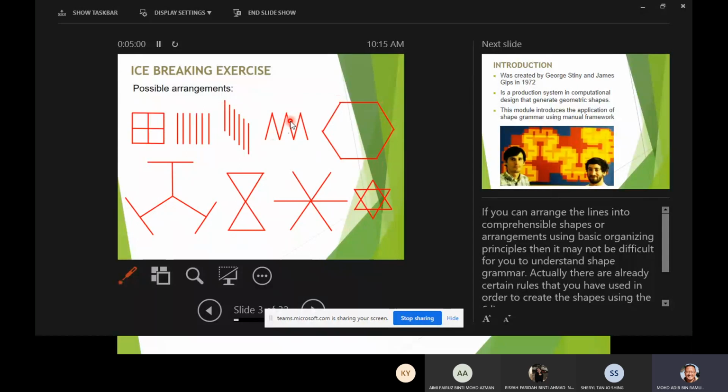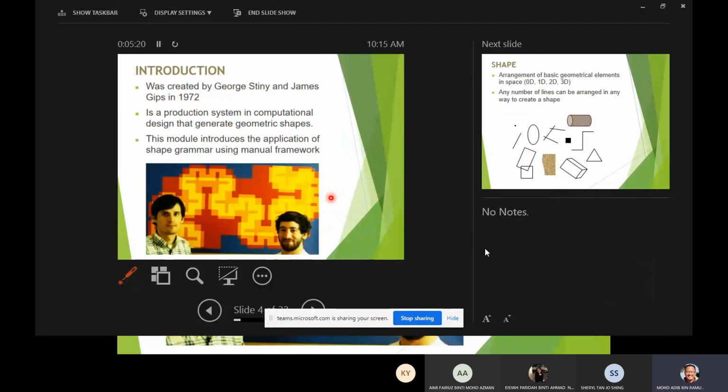At the end of today's lecture, you're going to find out that one of the most important things in shape grammar is organizing principles: how you arrange the lines to create interesting patterns or designs. The concept of shape grammar, this method, was created about 50 years ago, in 1972.